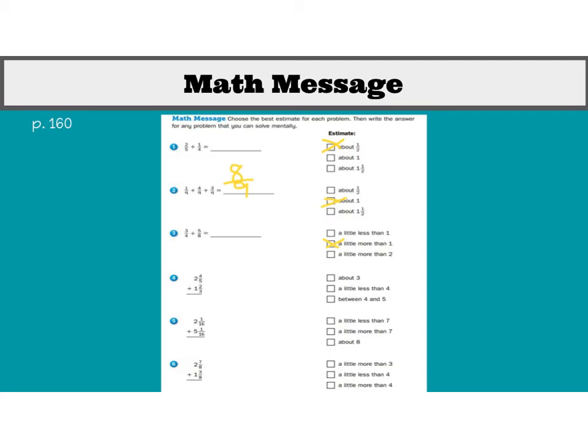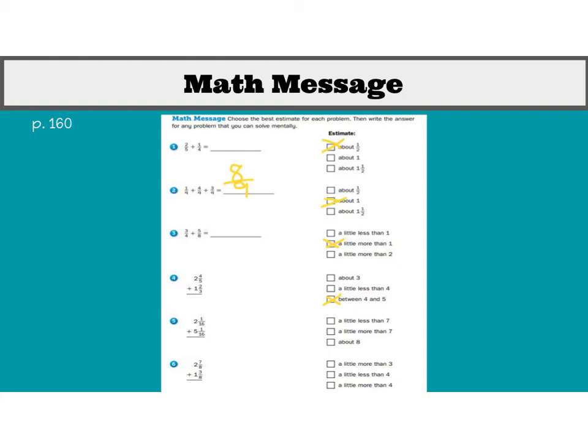Well, looking back over here, I know I've got a whole number of 2 and a whole number of 1, so that's already 3. Then we're going to add a fraction to that. 4/5 is close to 1, so that is going to probably give me about 3. And 2/3 is also close to 1. So I would say that my answer would be between 4 and 5 for that one.